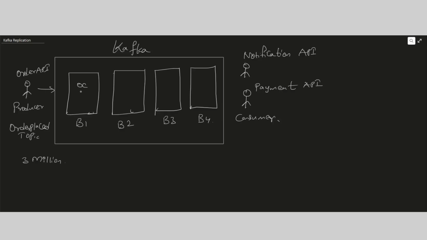The same topic we can store in multiple places, and each one is called a partition. This is partition 1, partition 2 and partition 3, which means 1 million messages will be stored here, 1 million here and 1 million here for the same topic.